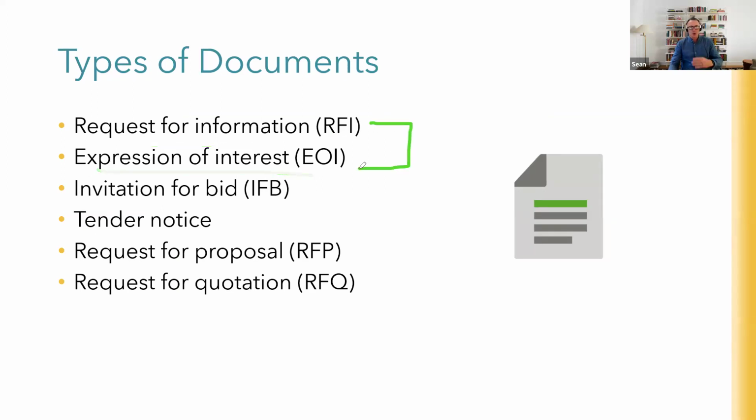This means that you don't know a lot about what you want to do. And that's okay. You don't need to go to the market knowing exactly what you want to do with a defined scope and exact plans. You can actually start right at the beginning by going out to the marketplace with a request for information or expression of interest, saying that you've got a problem or an issue that you want to solve, and asking the market, are you interested? If you are, what might your solutions be?